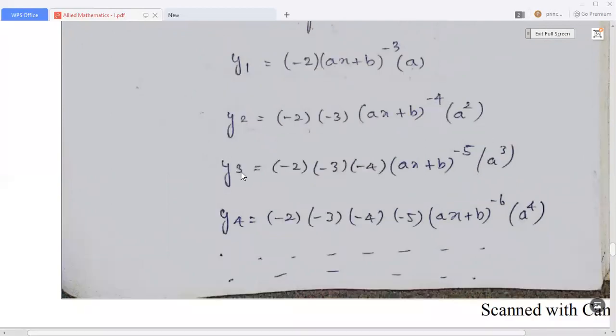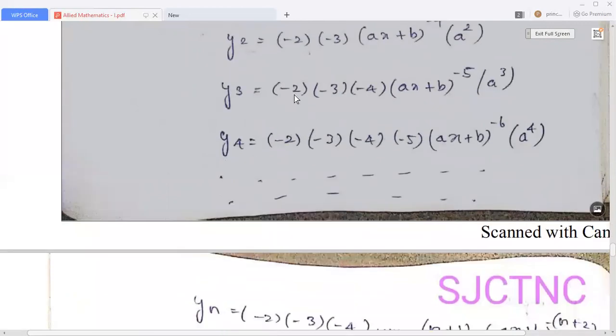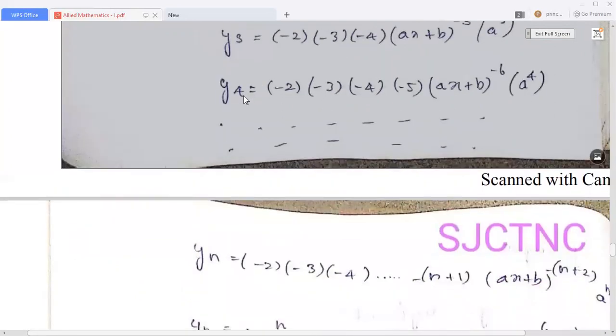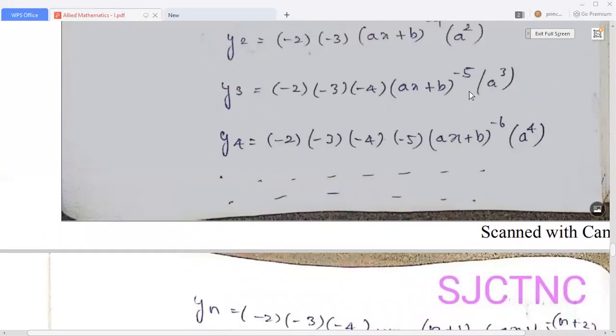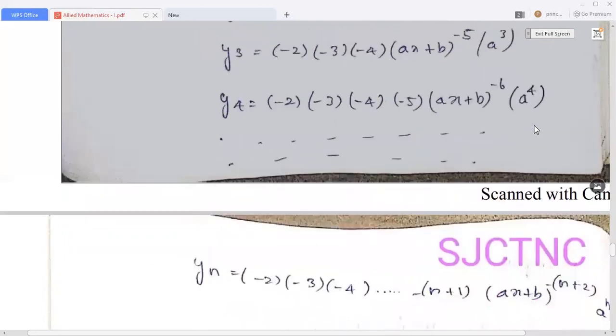Similarly, y3 is equal to -2 into -3 into -4 into (ax plus b) power -5 into a square into a, that is a cube. Then y4 is equal to -2 into -3 into -4 into -5 into (ax plus b) whole power -6 into a cube into a, that is a power 4.